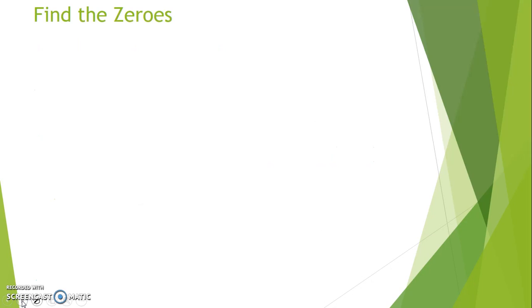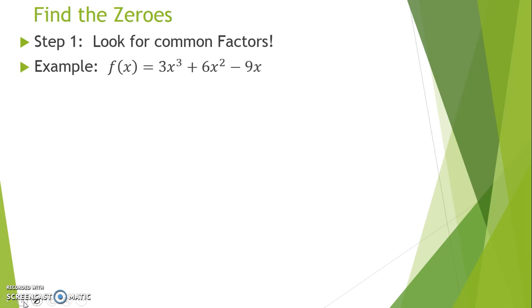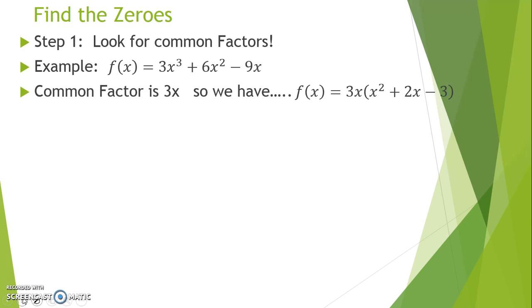So find the zeros. We talked about this a little bit in class already. Step 1, look for common factors. Example, f of x equals 3x to the 3rd plus 6x squared minus 9x. Common factor is 3x, so they all have 3x in common. So now, once we factor the 3x, we are left with 3x times the quantity x squared plus 2x minus 3. Step 2 is to factor the quadratic left over, so we need to factor that x squared plus 2x minus 3.